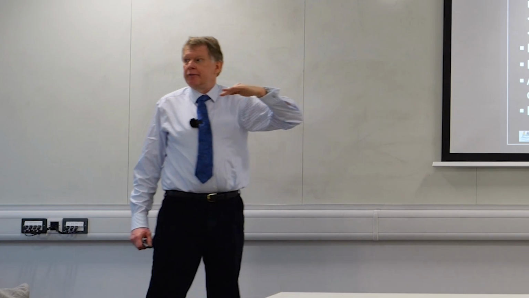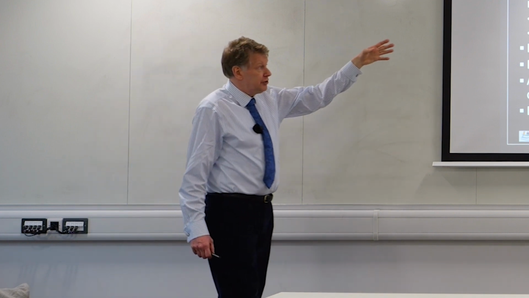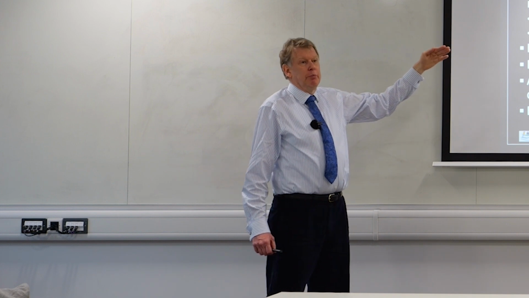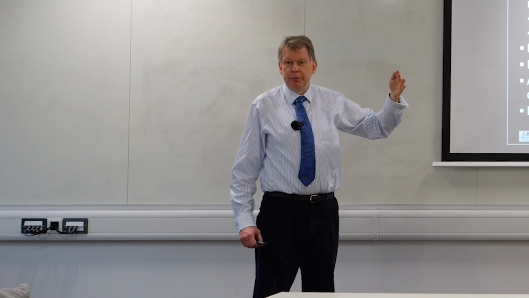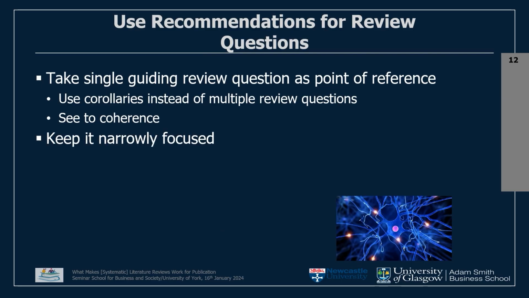That still can have then a few sub-questions, or corollaries as they are called sometimes, but they are more likely to be coherent than having separate review questions. Keep it narrowly focused, because the broader you go, the more you move to the left of the different types.